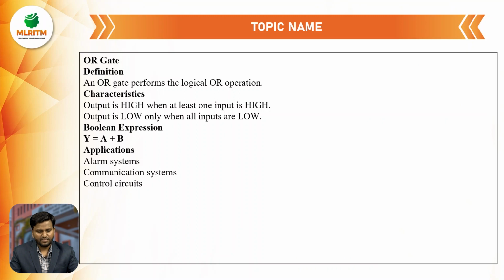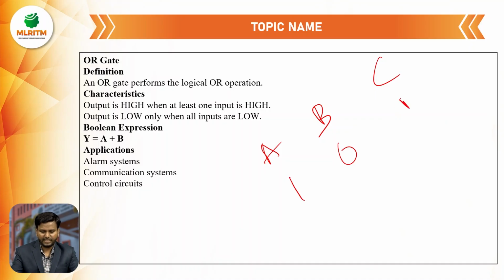The OR gate performs the logical OR operation, and its characteristic is that output is high when at least one input is high. Output is low only when all inputs are low. We can see A and B, 1, 0, giving C. 1, 0 means we get 1, while all inputs 0, 0 give 0 only.